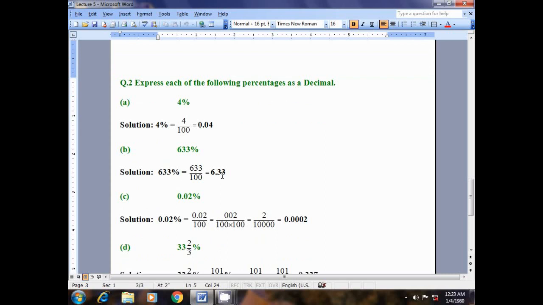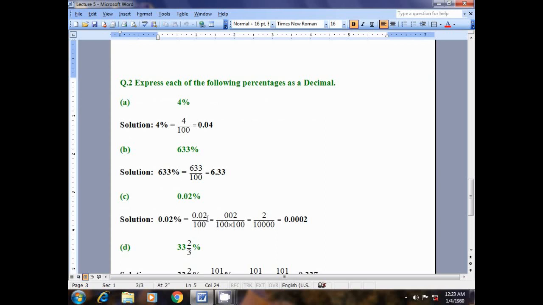Now, C part, 0.02%. Let's apply the same steps which we had done in the previous parts. So 0.02% can be written in the form of fraction 0.02, remove the percentage sign and divide this decimal number by 100. Now the second step is to remove this decimal point.